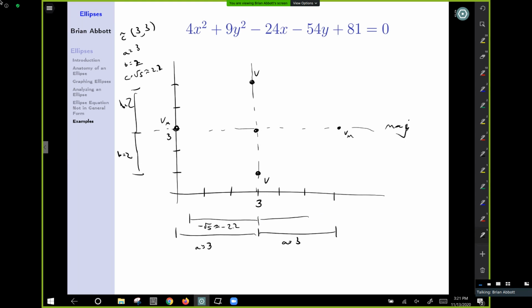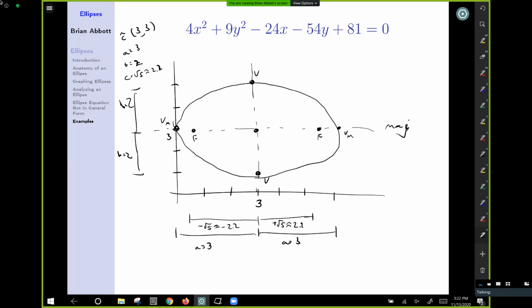And now we're going to go positive 2.2, since root 5 is about 2.2. And that helps me see that I can just slap my foci on the major axis. Draw your ellipse. I've been calling an ellipse vertex in my head. Draw your ellipse.